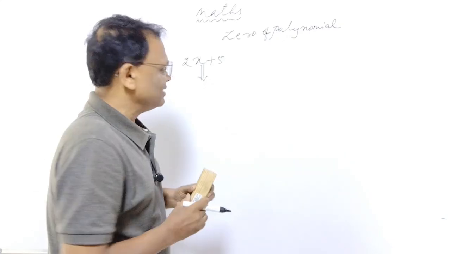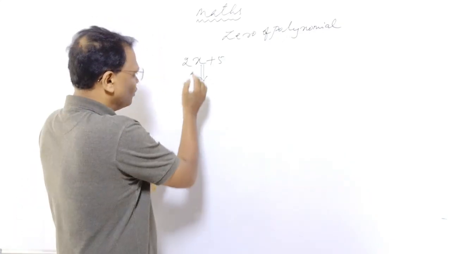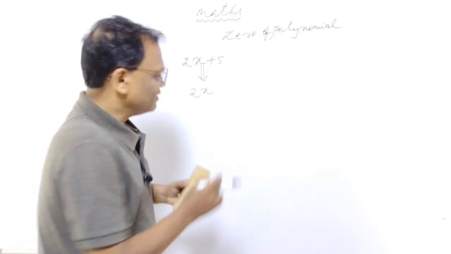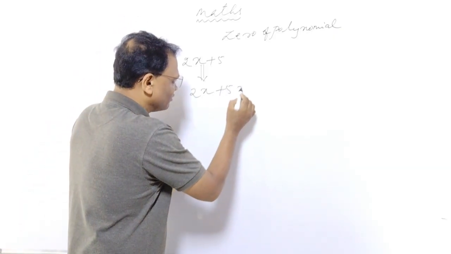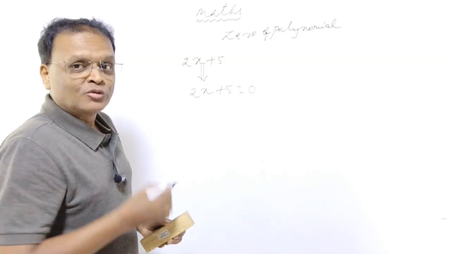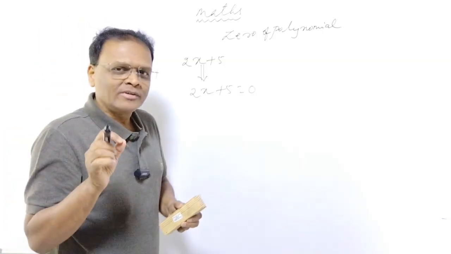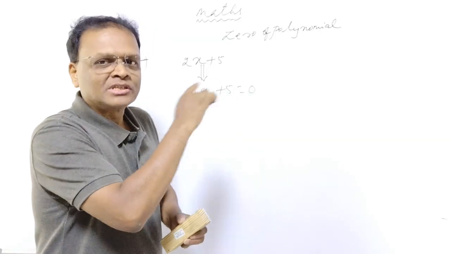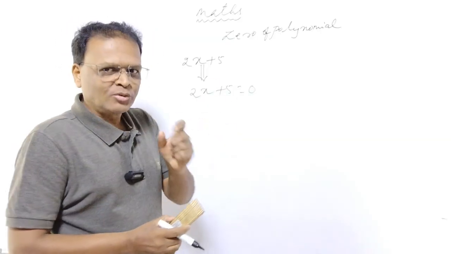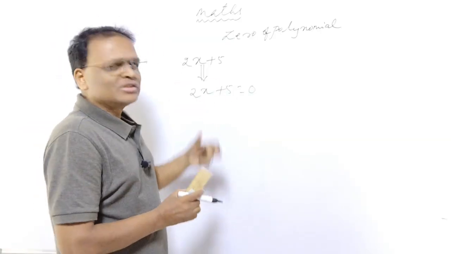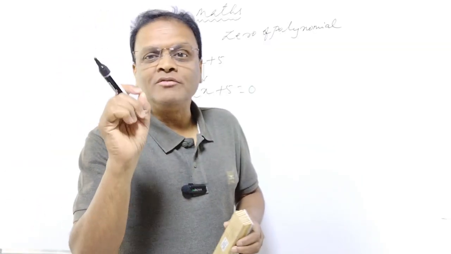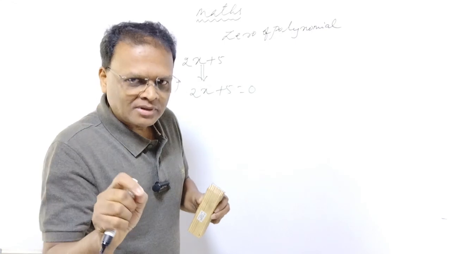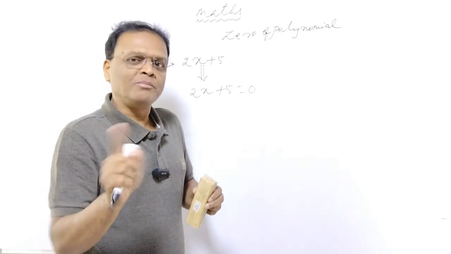The very simple answer is: whatever polynomial is given, you just write it equal to 0. What we are finding is which value of x will make the expression 0. So finding the 0 is nothing but finding the value of x. Finally, that number will definitely be the 0 of the polynomial.